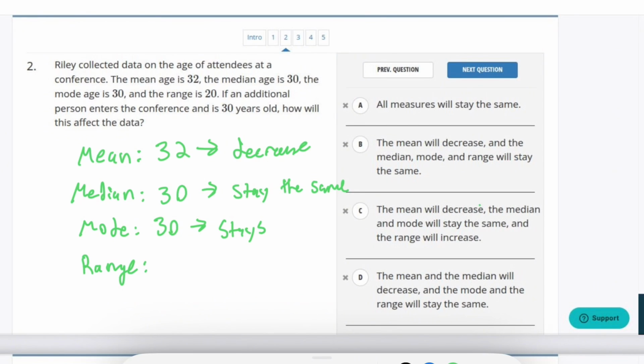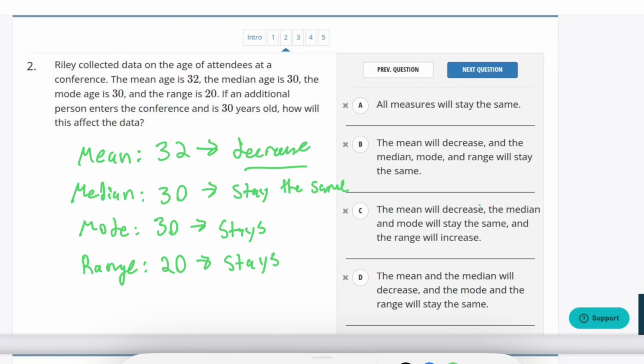Since 30 is in the middle, it will not affect the range, because the range only depends on the last number and the first number in increasing order. So since it was already 20 and it depends on the last and first, it stays at 20. So the only one that will change is the mean, and it will decrease.